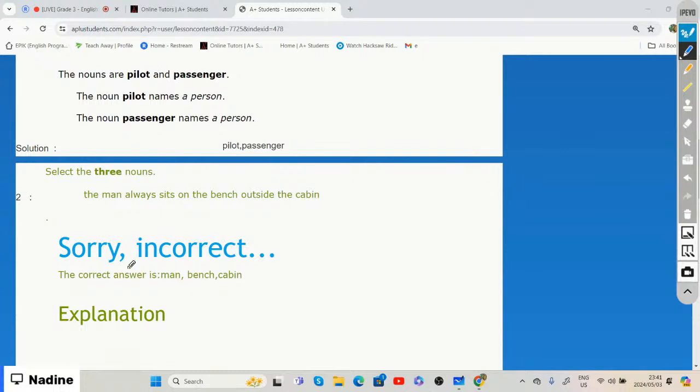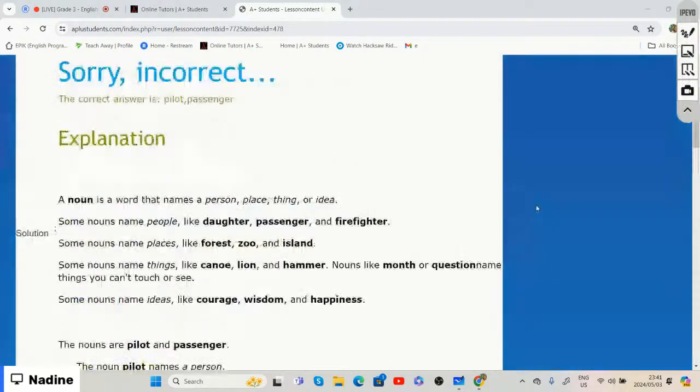All right. So man, bench, and cabin, those are nouns.